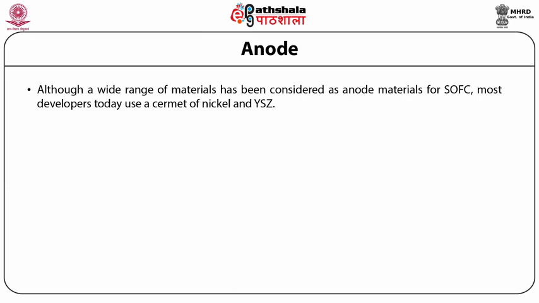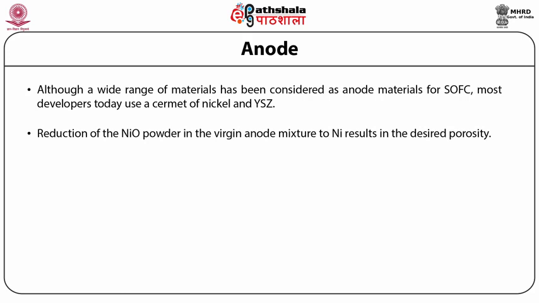The composition of the anode, particle size of the powders and manufacturing scheme are chosen to achieve high electrical conductivity, adequate ionic conductivity, and high activity for electrochemical reactions and reforming and shift reactions. Reduction of the NiO powder in the virgin anode mixture to Ni results in the desired porosity.